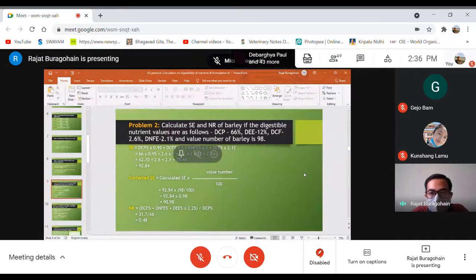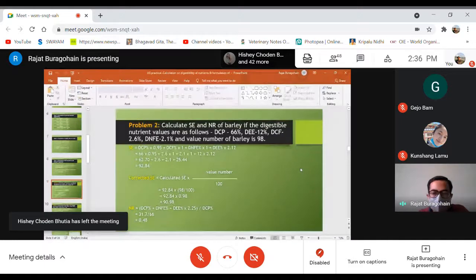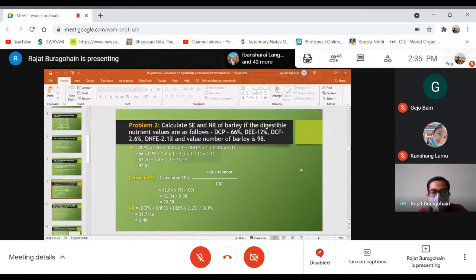For roughages, it may be green, it may be dry. For roughages it will be 1.91. For concentrate like barley or maize, it will be 2.12. For oilseed like GNC, or maybe protein feed like soybean meal, it will be 2.41. Okay, only these three values you have to remember.